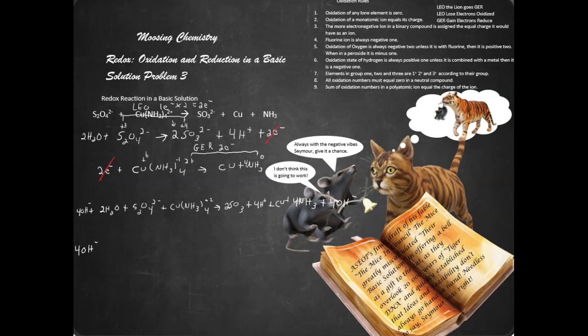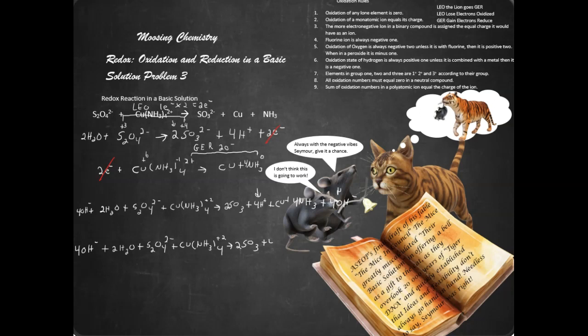So now, recombining this, it is going to be 4 OH negative plus 2H2O plus S2O4 2 minus plus Cu(NH3)4 2 plus yields 2SO3. Now you see this 4H and this 4OH, we're going to combine that to make water.